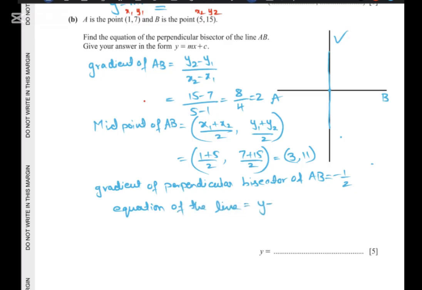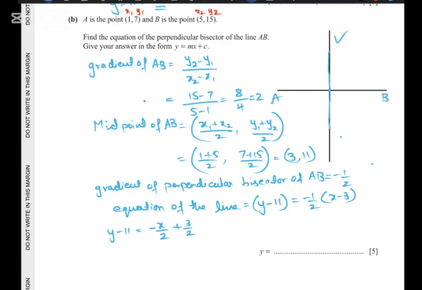y minus y1. So y1 is 11 because we are taking this point and gradient. So y minus 11 is equal to m into x minus x1. Now simplify it. y minus 11 is equal to minus 1 by 2 into x, which is minus x by 2, minus 1 by 2 into minus 3 is plus 3 by 2.